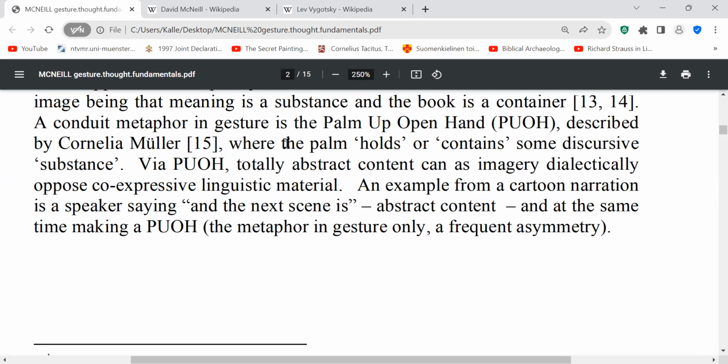An example from a cartoon narration is a speaker saying "and the next scene," which is abstract content, and at the same time making a poi. The metaphor appears in gesture only, a frequent asymmetry.